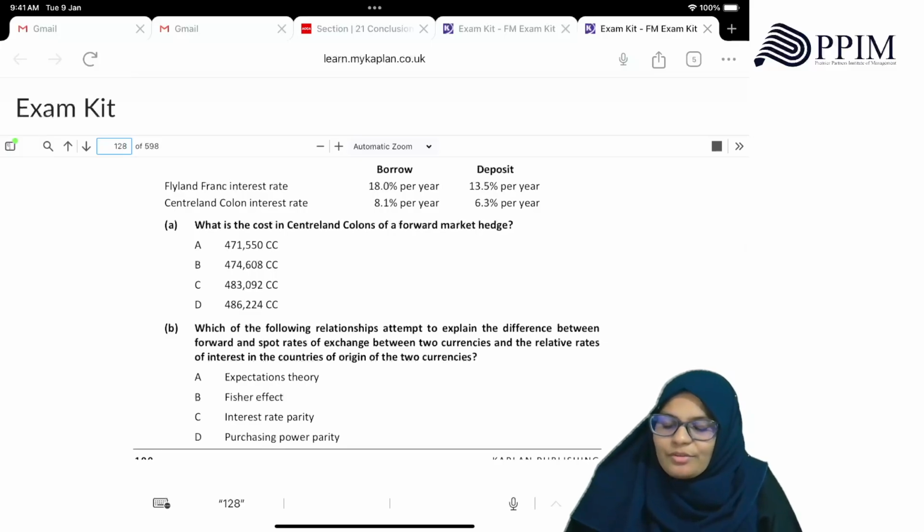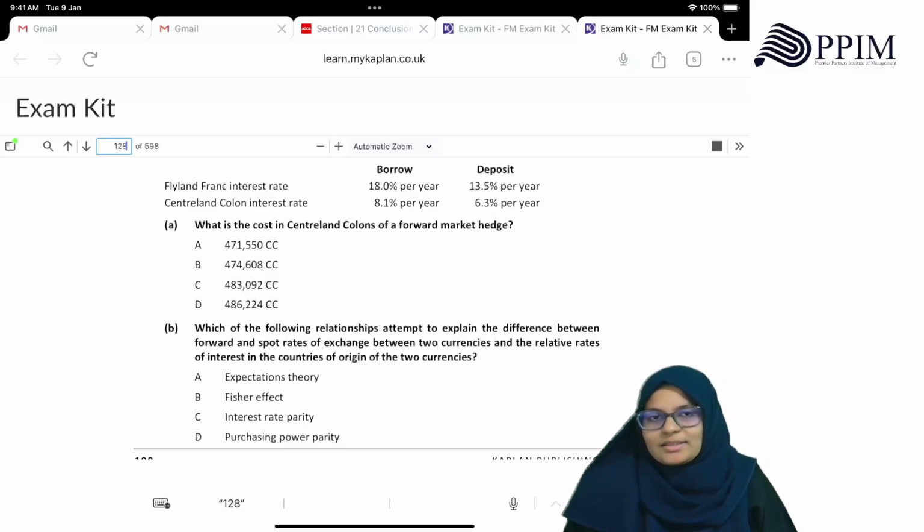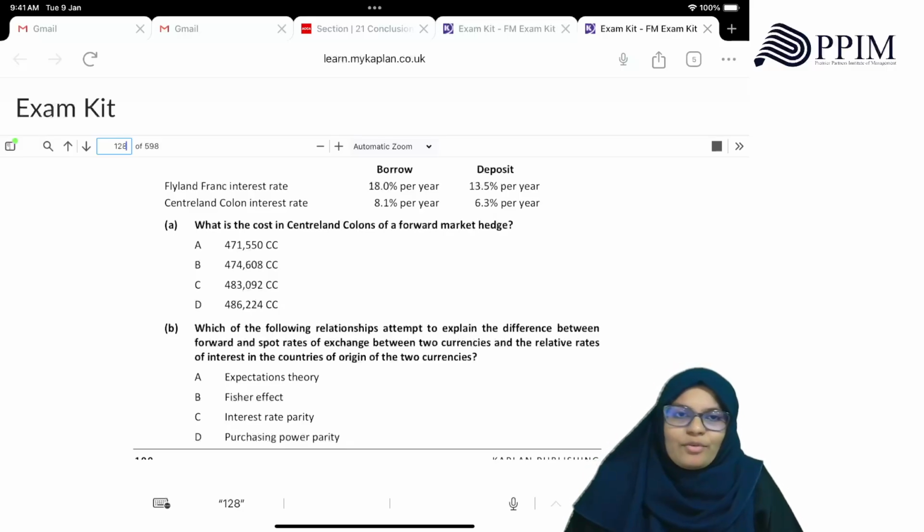B is saying, which of the following relationships attempts to explain the difference between forward and spot rates of exchange between two currencies and the relative rates of interest between the two currencies. So if you are trying to connect the forward with the spot rate and interest rates, we are talking about obviously which theory? Is it the expectations theory? Forward rate, spot rate, interest rates.